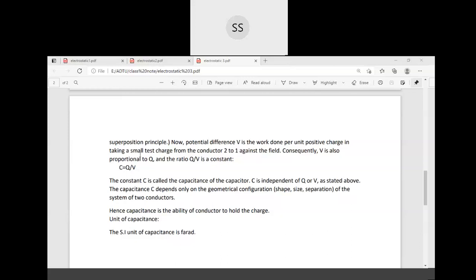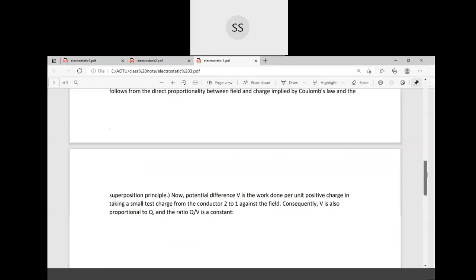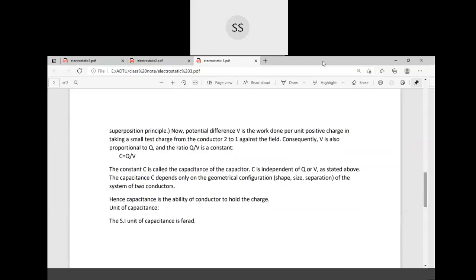C equals Q by V, right? The unit of C is farad, the unit of Q is coulomb, and the unit of V is volt. So the question is, define 1 farad capacitance.